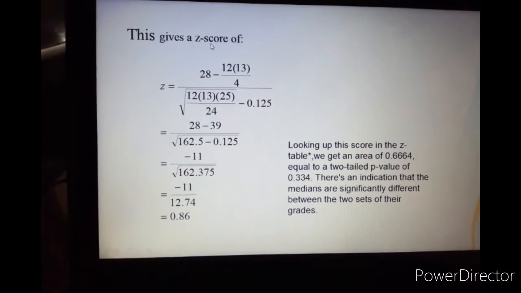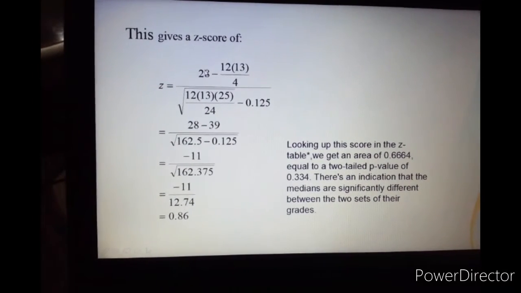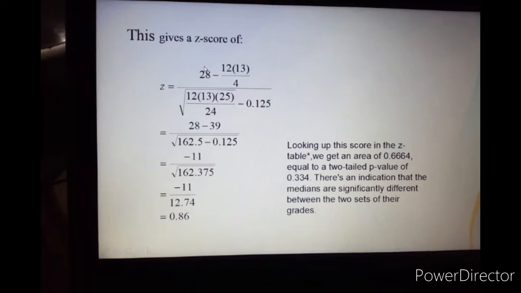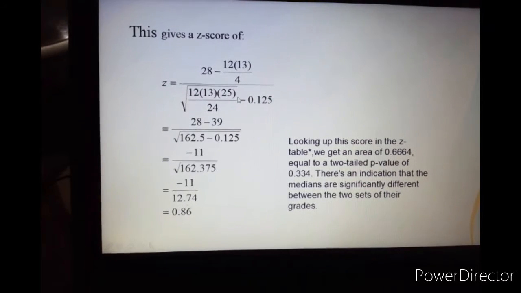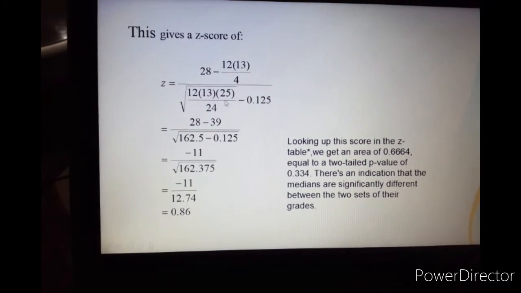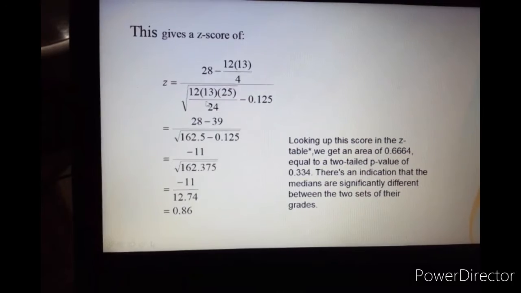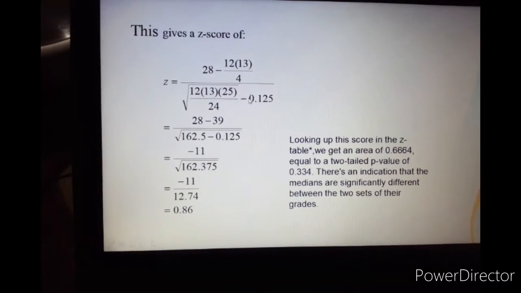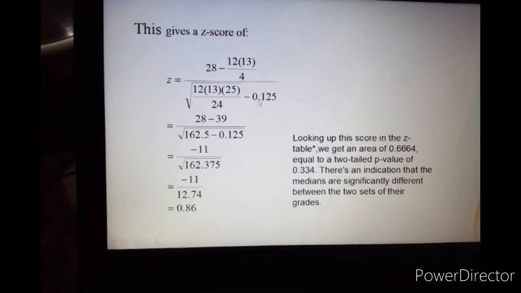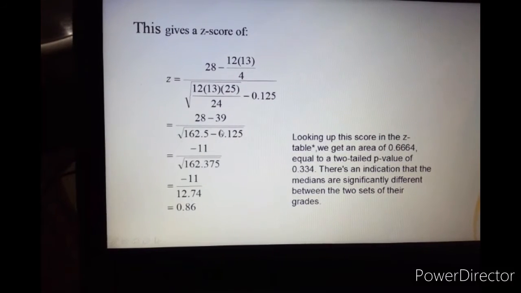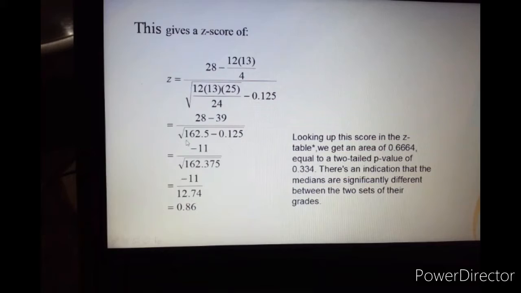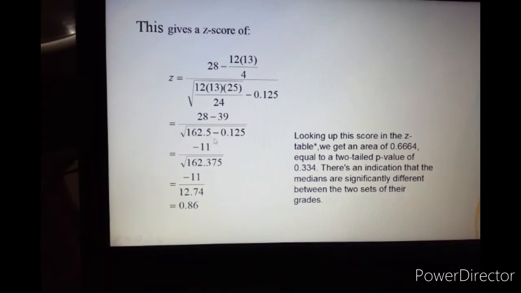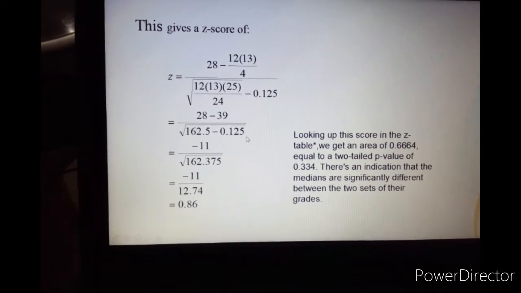Next, we substitute the values to get the z-score. So z equals, 28 is the summation of the ranks of the negative differences, minus 12 times 13 divided by 4, over the square root of 12 times 13 times 25 divided by 24 minus 0.125. So the result is 28 minus 39 divided by the square root of 162.5 minus 0.125.